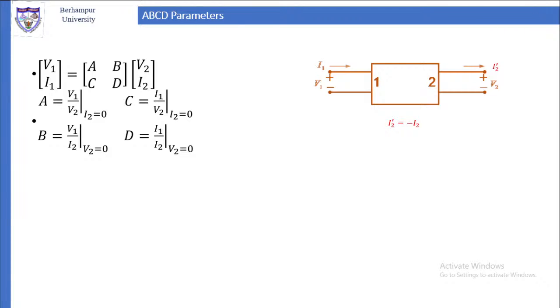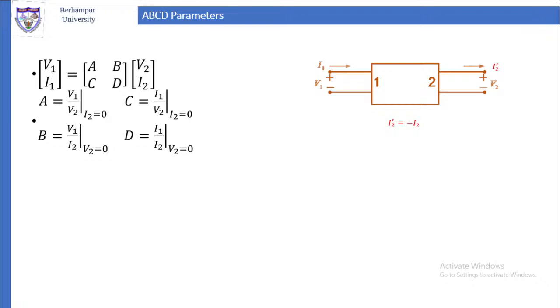V1 is equal to A into V2 plus B into I2. I2 is equal to 0. So V1 is equal to A into V2, or A is equal to V1 by V2 when I2 is equal to 0. So when I2 is equal to 0 means port 2 is open circuited. Under the condition that port 2 is open circuited, A is equal to V1 by V2.